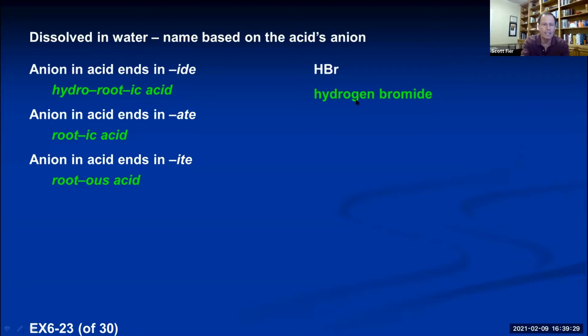So if it ends in IDE, that means the name of the acid is going to be hydro, brom, ic, acid. You drop the IDE off, you put hydro in the front, ic at the end, and there's the name of your acid. HBr, when it's dissolved in water, is called hydrobromic acid. It has to. That's the rule for any time you have hydrogen bonded to an IDE anion. Does that make sense?